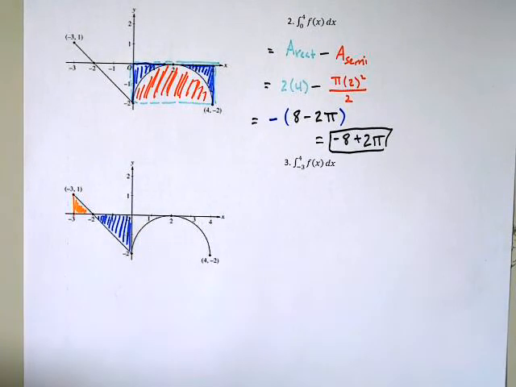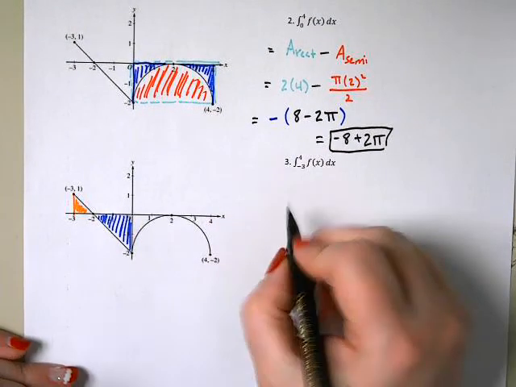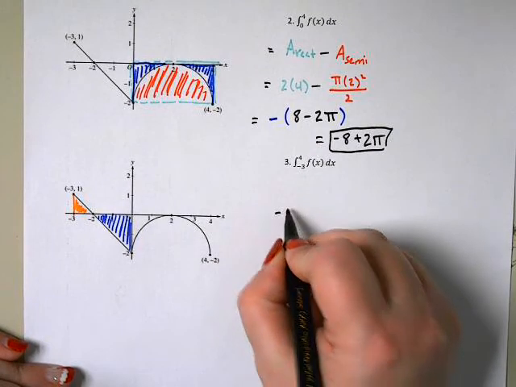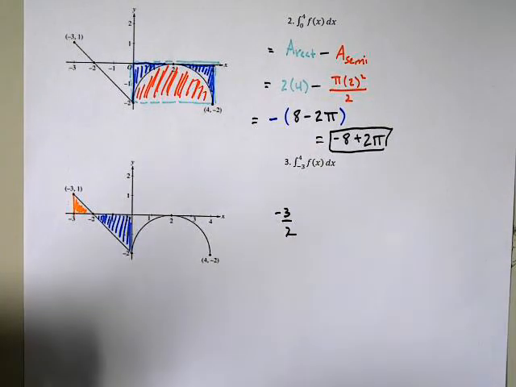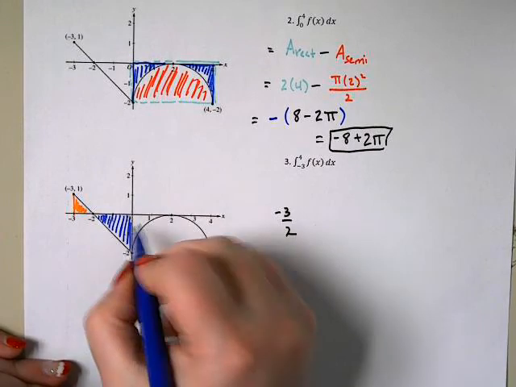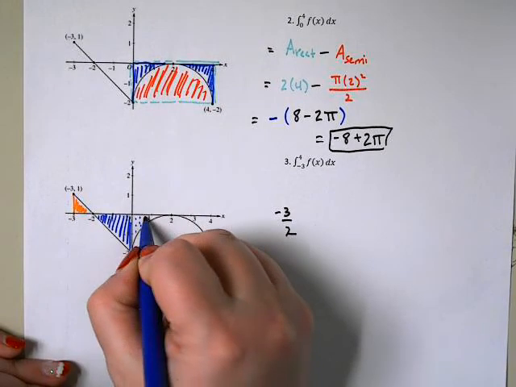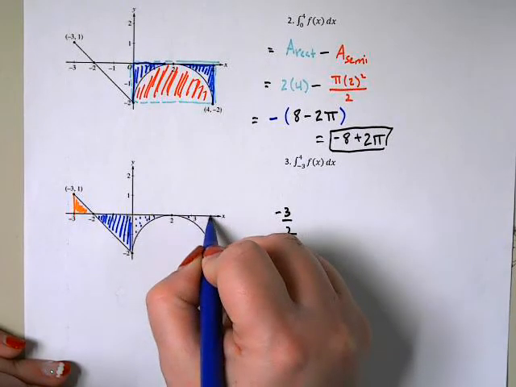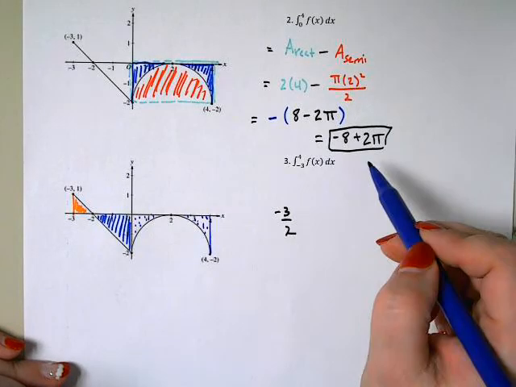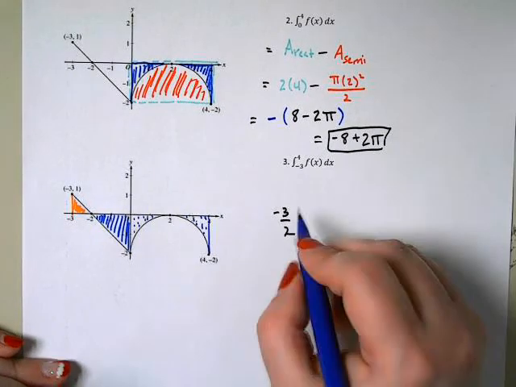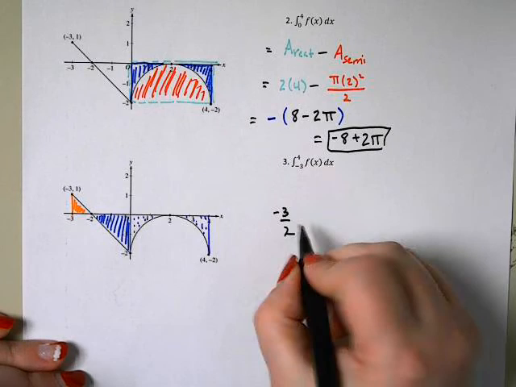So that first portion that I just colored was the first question that we did, so that had an area of negative 3 over 2. And then we also already found the area here, and then all the way to 4. We found that in question 2. So that was this negative 8 plus 2 pi. So we can actually just add that to here.